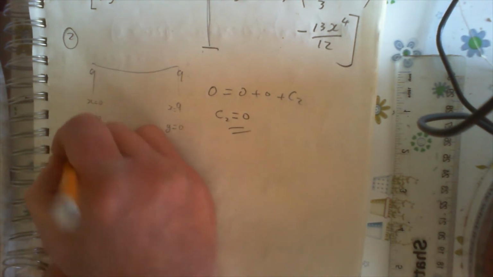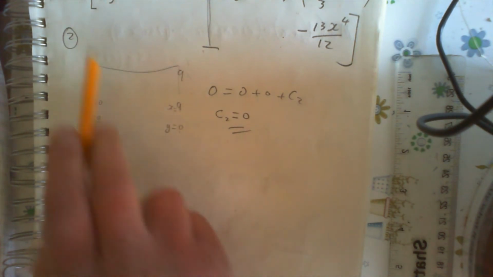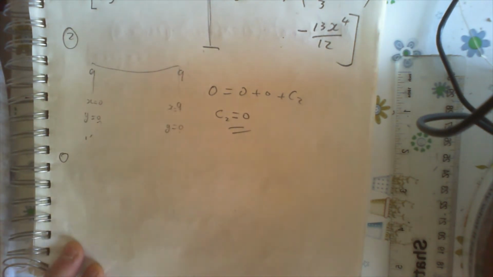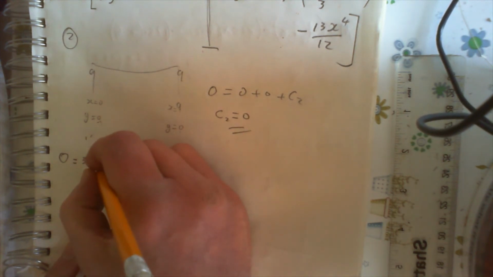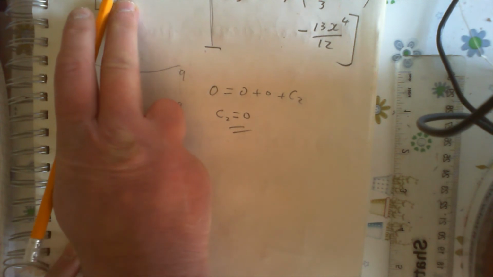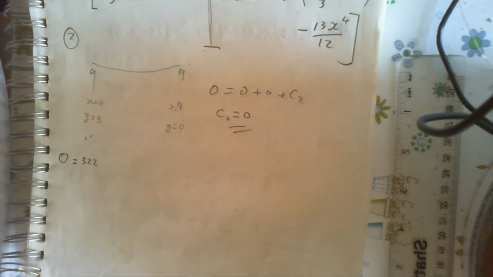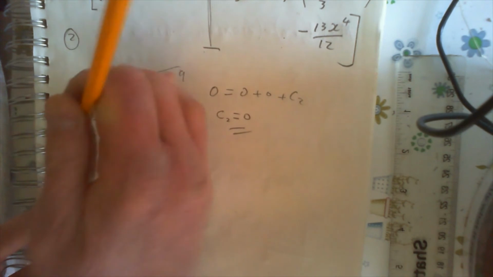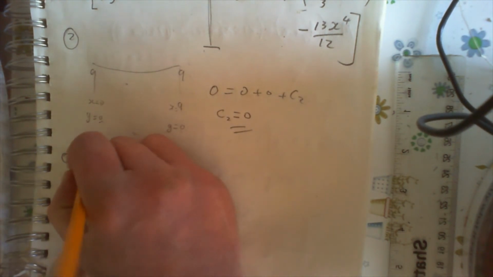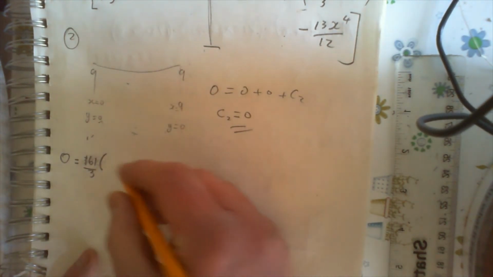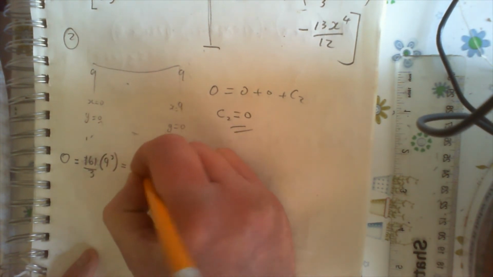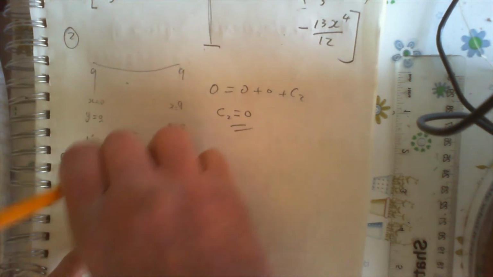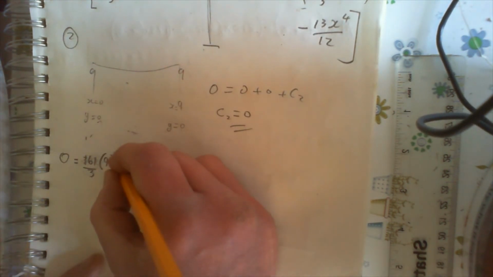So this is plugging into equation 2 again. That was 161 I've got there, obviously. So that's 161 over 3 times 9 cubed, plus C1 times 9. Apologies, yeah, that's a plus.